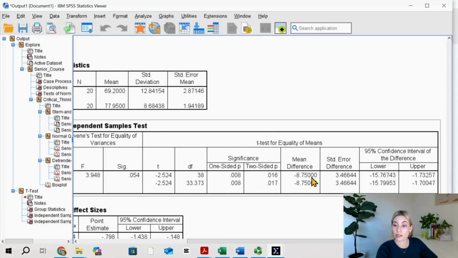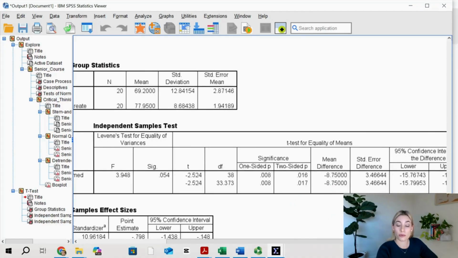If we look at our mean difference value, we can see that those in the Australian National Curriculum scored on average 8.75 points lower on the critical thinking skills test than those in the International Baccalaureate Program.